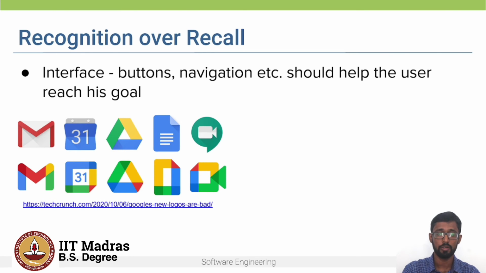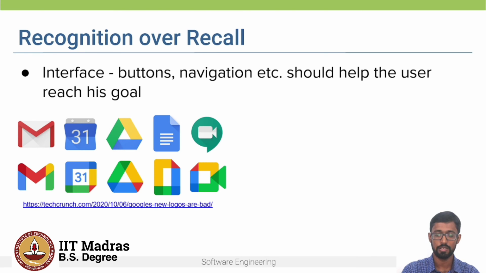So here, if you look at the image on top, where the previous Google product icons were, the color, form, and shape could help us easily determine the functionality of each app. So for example, the postcard-like letter shape of the Gmail app is immediately recognizable and points to the functionality of Gmail. That is checking and writing email.